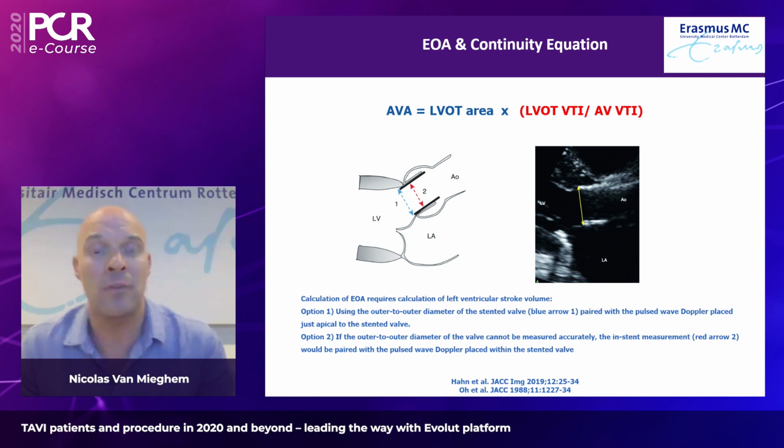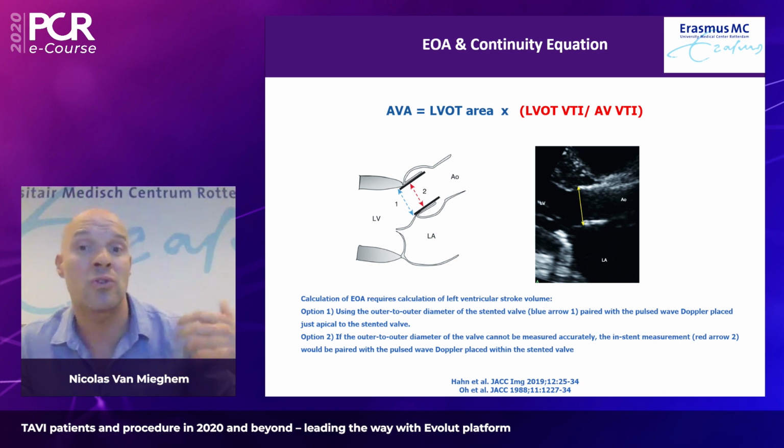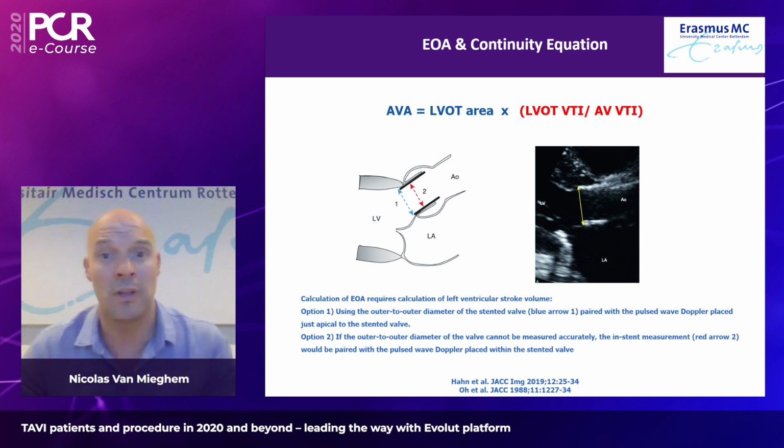So if you remember the continuity equation, then the valve area, or basically the stroke volume that goes through the LV, through the LVOT, should also go through the aortic valve. So by the continuity equation, the valve area times the aortic valve VTI is the LVOT area times the LVOT VTI. And then it becomes simple math.